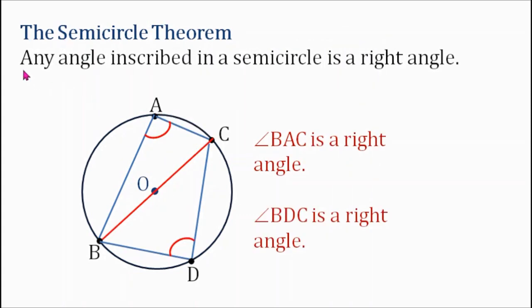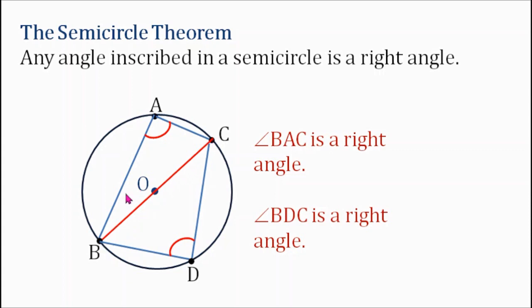Next, let's discuss the semicircle theorem. Any angle inscribed in a semicircle is a right angle. In this case, this is a diameter, line segment BC. So angle BAC is inscribed in a semicircle.